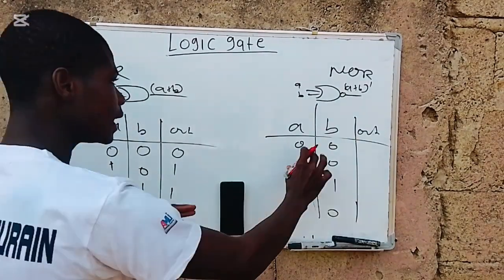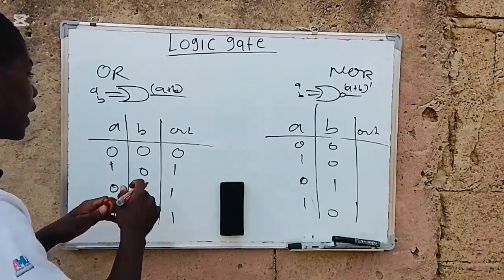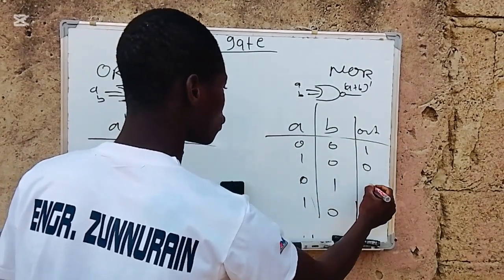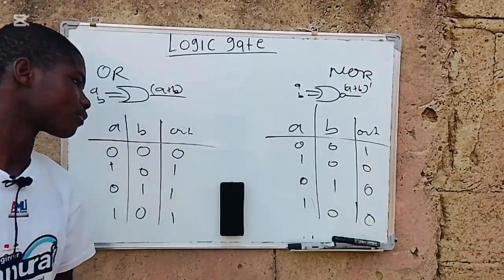But in NOR, whenever both are 0, the output is 1, and the rest will be 0, 0, and 0.